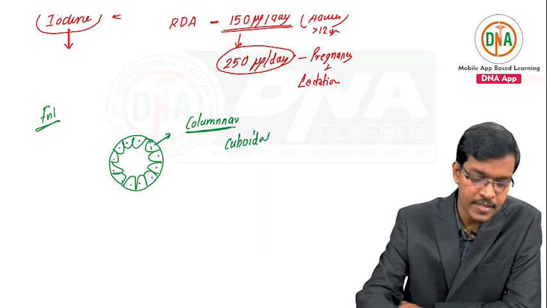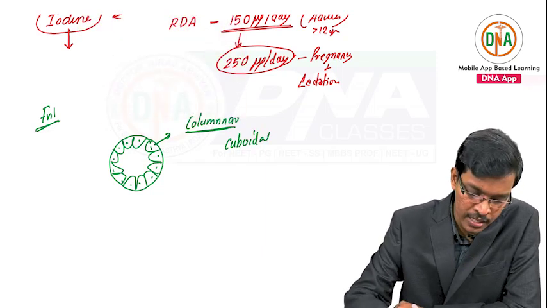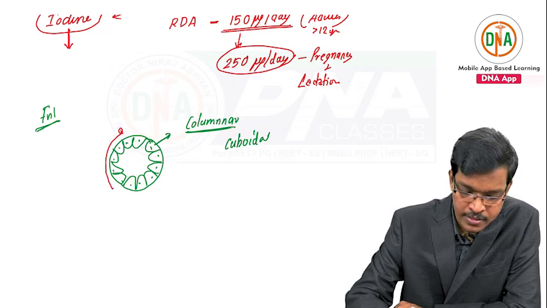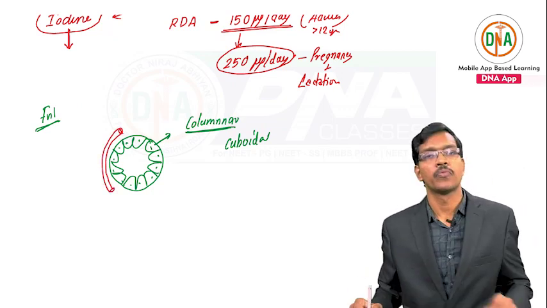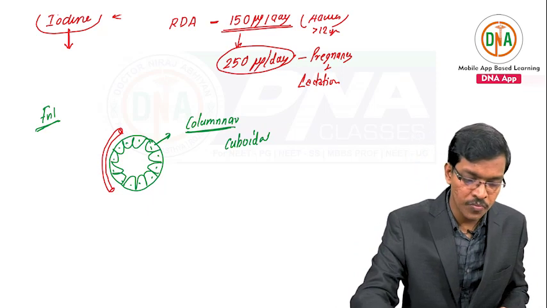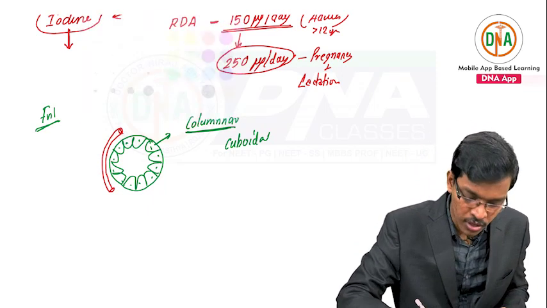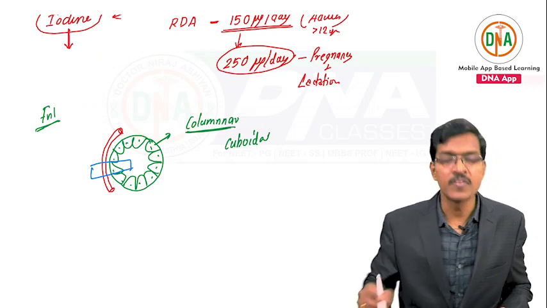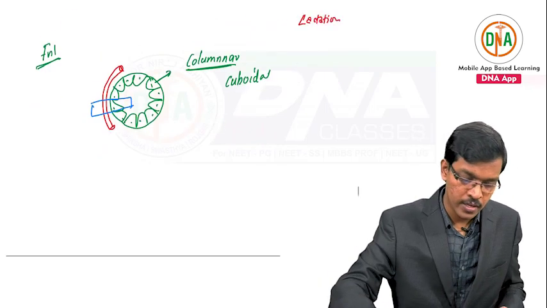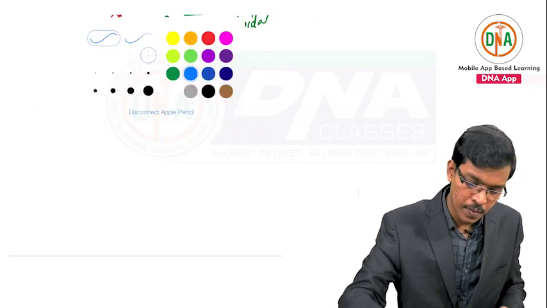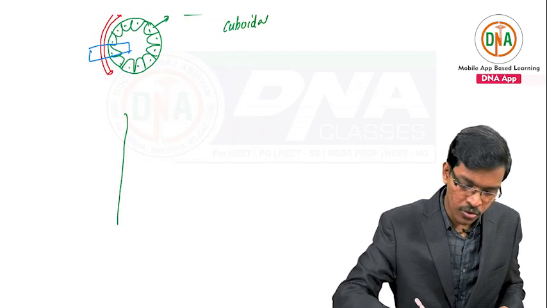Okay, and this follicle will be actually surrounded by blood vessels. So, let us see an enlarged view of this one follicle cells with the blood vessel. We will see an enlarged view. I will draw it here. This is a thyroid follicle.